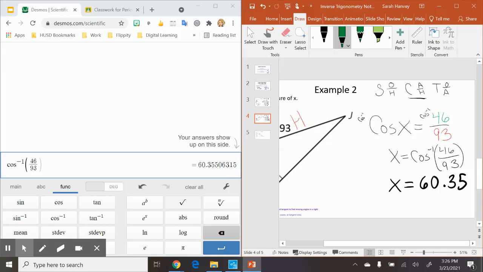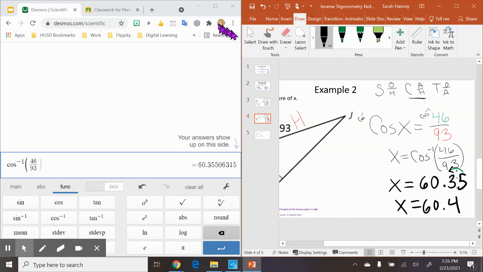So we know we're going to look here, and we got to round that up. And so it ends up being 60.4. And hopefully at some point, this will write. Yep, it's a little delayed.